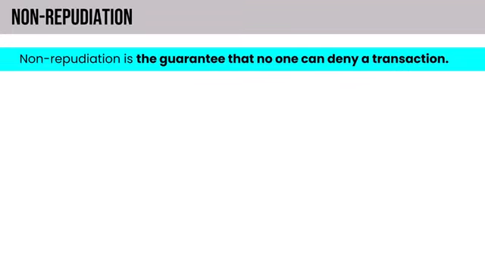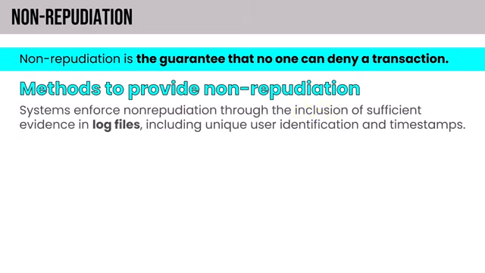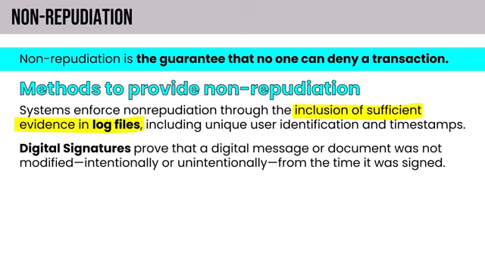And you should also be familiar with non-repudiation. Non-repudiation is the guarantee that no one can deny a transaction. There are a few methods to provide non-repudiation. So systems enforce non-repudiation through the inclusion of sufficient evidence in log files, including unique user identification and timestamps.